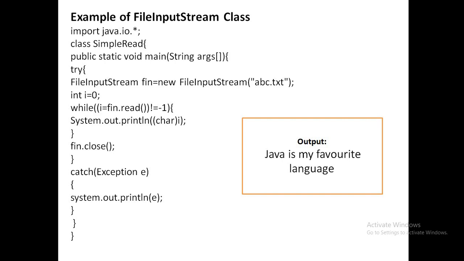Once this condition is false, the printing will be stopped, and also the file will be closed by calling the close method on the object fn.